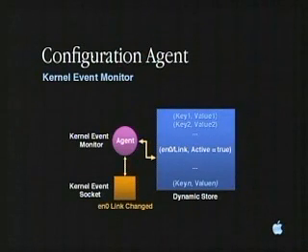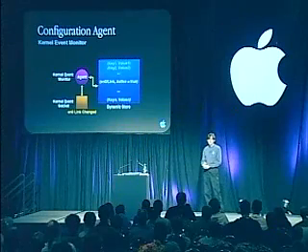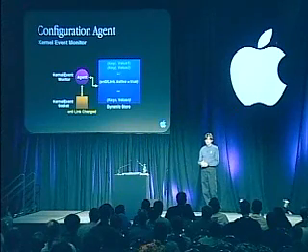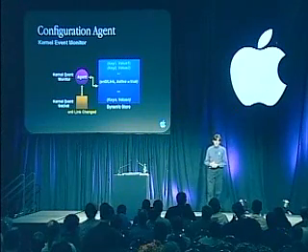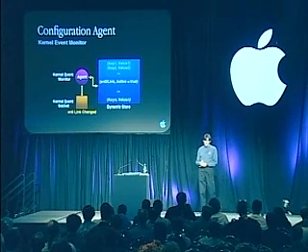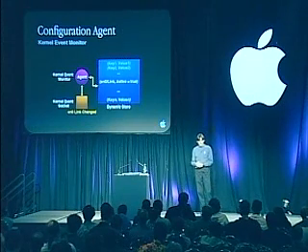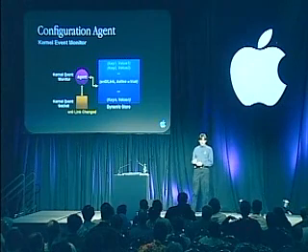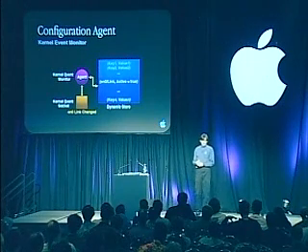Kernel event monitor is an agent whose sole purpose in life is to maintain the link status and the interface state of all the interfaces in the system. What happens is it opens up a kernel event socket and receives kernel events that interfaces are added, the link status has changed, addressing has changed, and when it receives those events, it populates the dynamic store with the values.